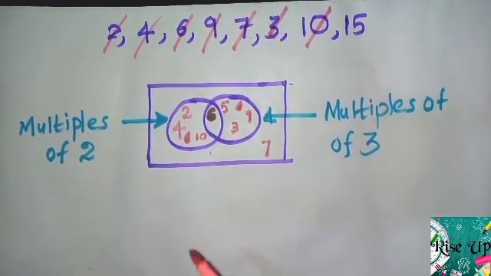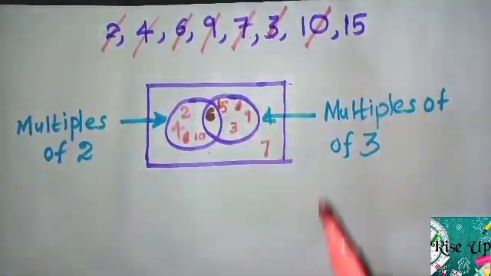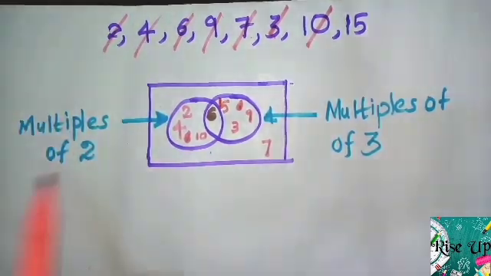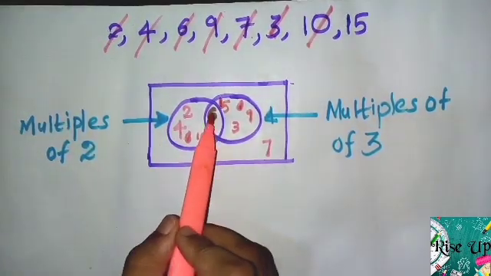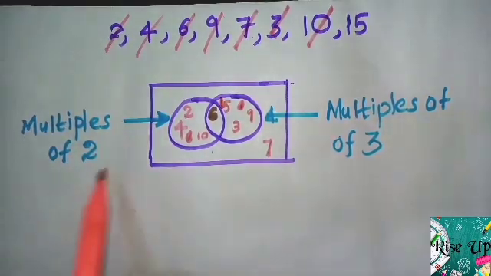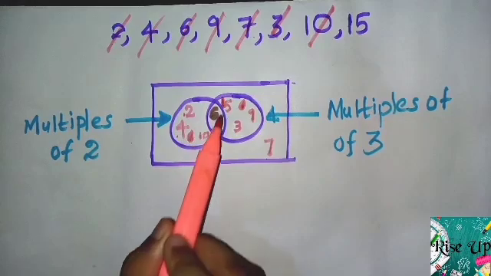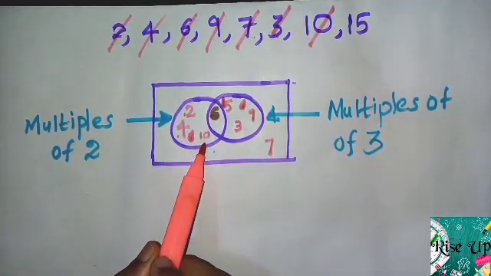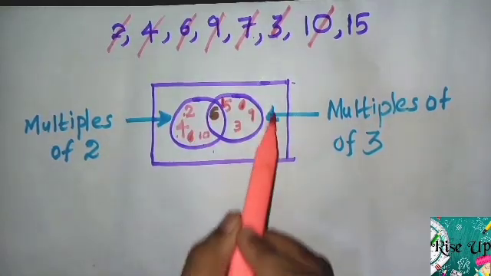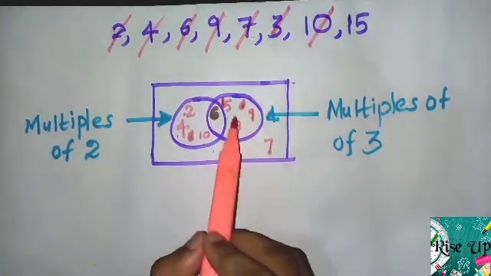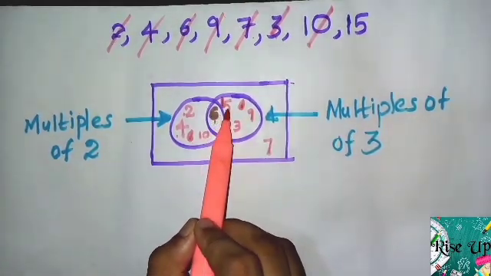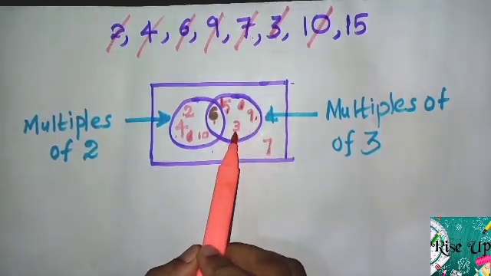So now can you observe the sets clearly? In the multiples of 2 you find 2, 4, 10 and also 6. Those are the multiples of 2. The multiples of 3 set contains 6, 15, 9 and 3.